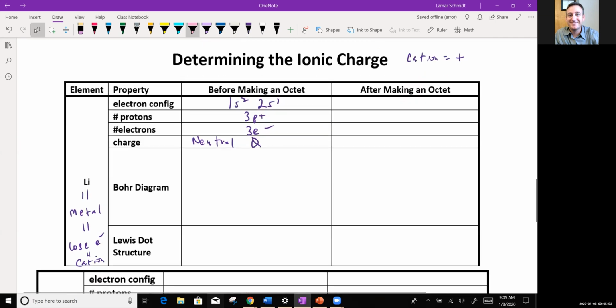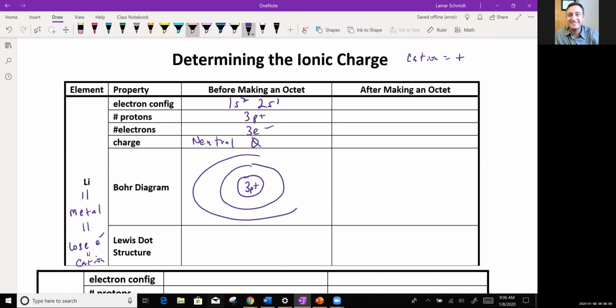All right. And you can draw your Bohr model here. In your Bohr model, you're going to represent 3 protons, means that's lithium. Lithium is identified by having 3 protons. I could write Li, or I can write the 3 protons, and I'm going to write the 3 protons. And you can see that it has 2 energy levels, 1, 2. I like to label those. And then we just draw those electrons according to our electron configuration. So we have the 2 energy levels, 1 and 2.